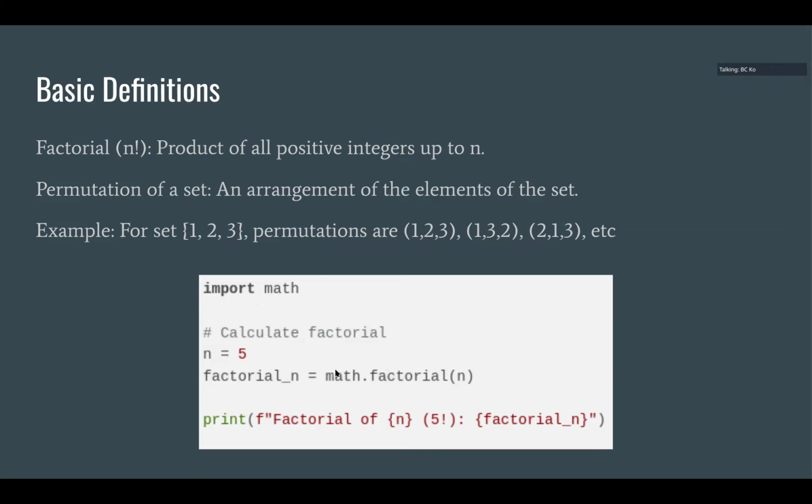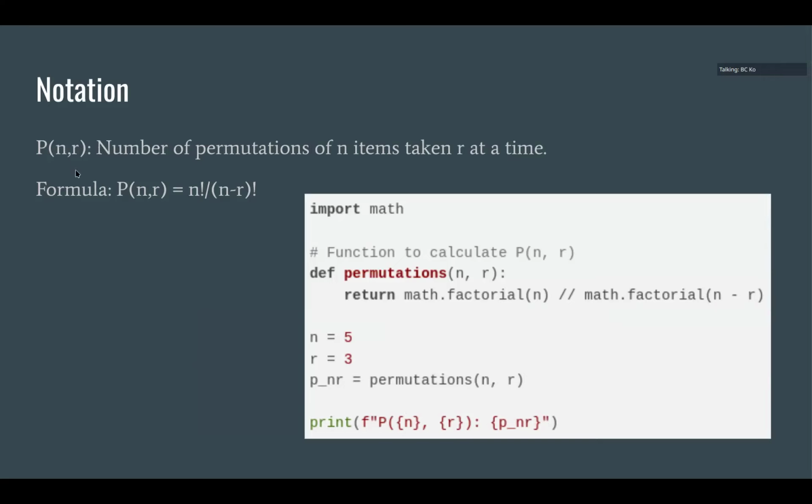Notation. So the notation P(n, r), permutation of n choose r, represents the number of permutations of n items taken r at a time.